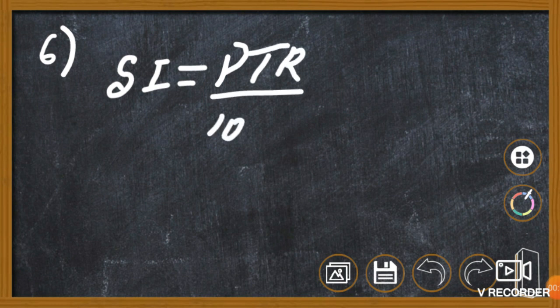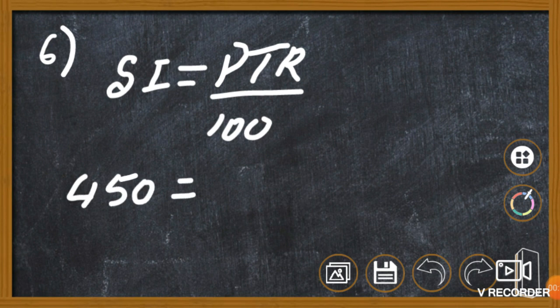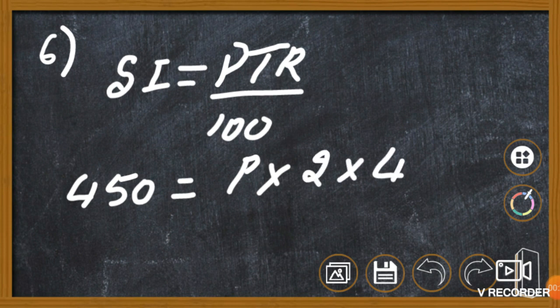In this problem, let us calculate P, the principal amount. Use the formula simple interest is equal to P into T into R by 100. Simple interest is given as 450. P has to be calculated. Term is given as 2 years and rate of interest is 4%.